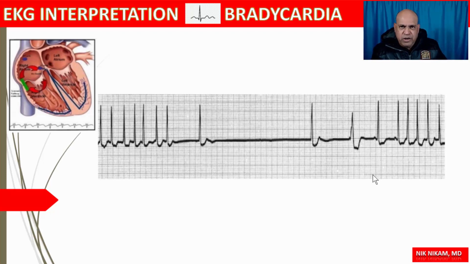So this is an example of sick sinus syndrome with the tachyarrhythmia and bradyarrhythmia seen in the same strip. We see this frequently in patients with underlying atrial fibrillation, where there is coexisting sinus node dysfunction resulting in pauses that gives rise to sick sinus syndrome.